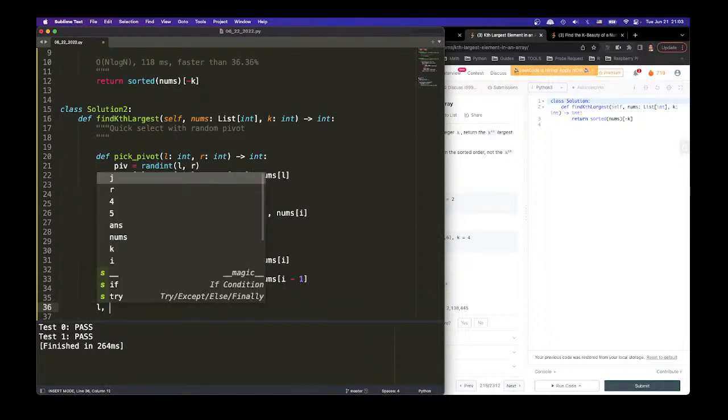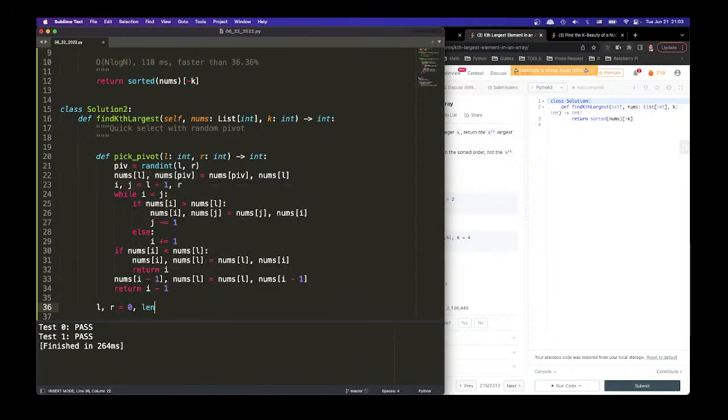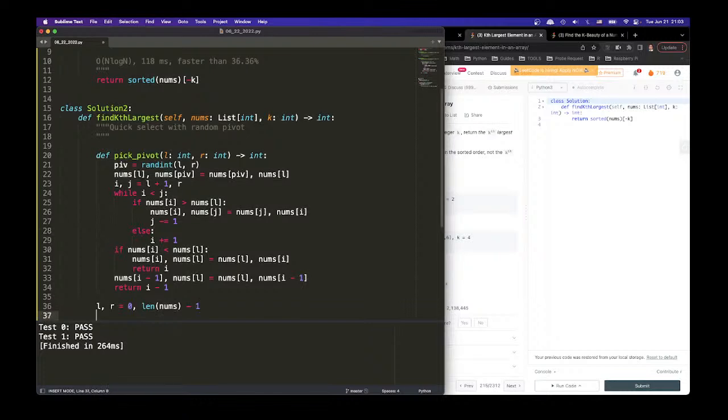Okay, so that's the pivot. And we say low array equals 0 and then len nums minus 1.